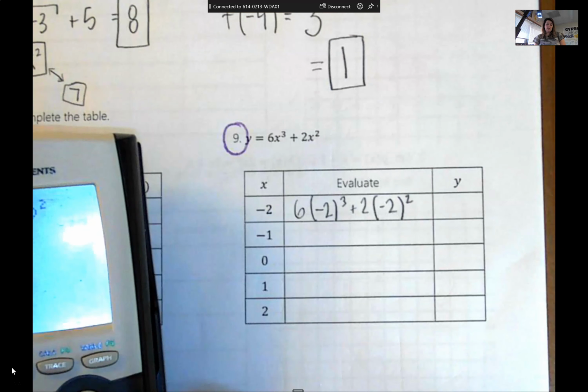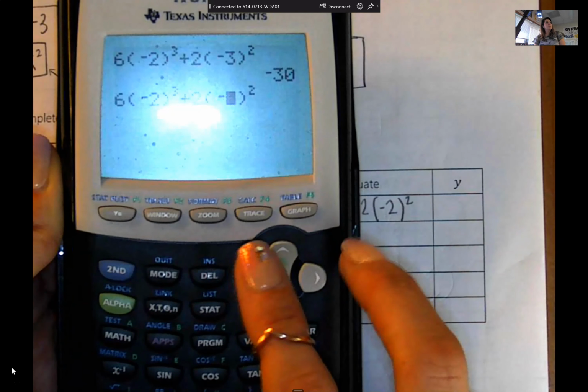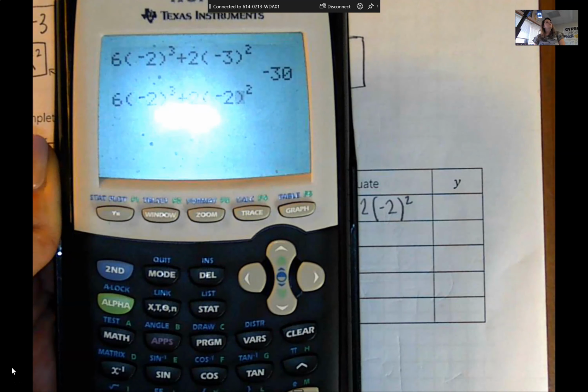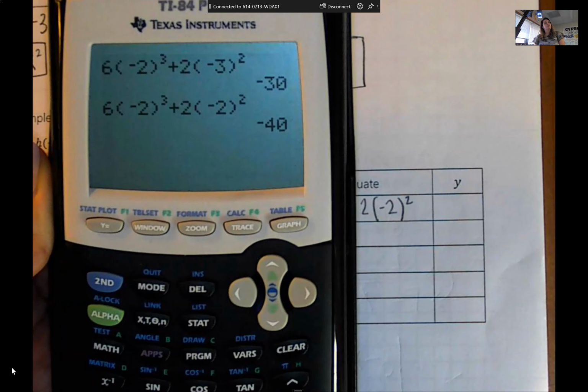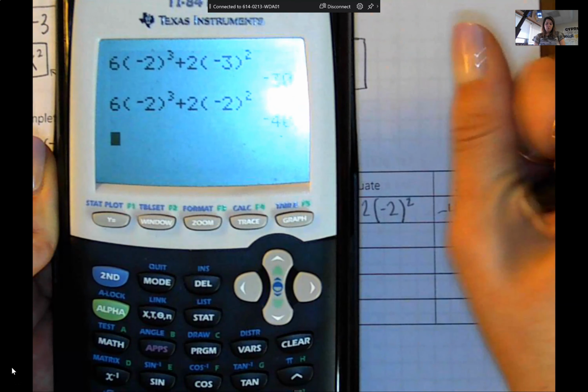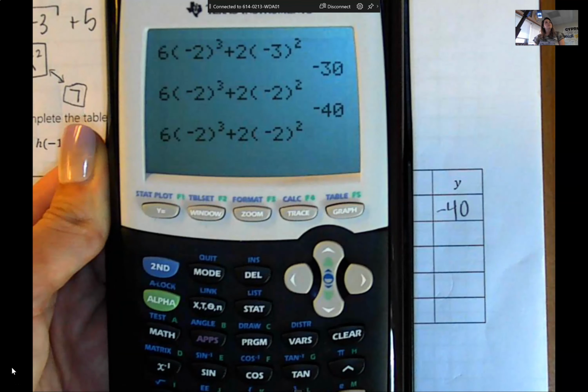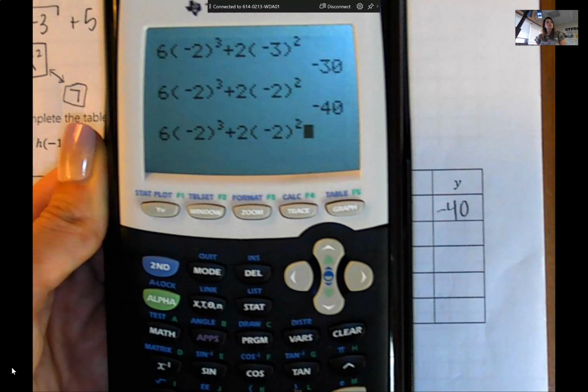Oh, I plugged in a 3. Oopsie. So now to fix it, I just got to pull this down and change that 3 to a 2 because I made a mistake. Okay, -40. Is that better? Is that what you guys got? So now when you go to do -1, you just copy it and paste and change the number.